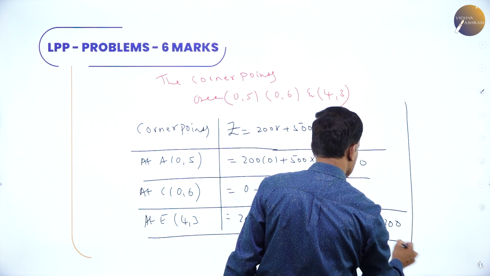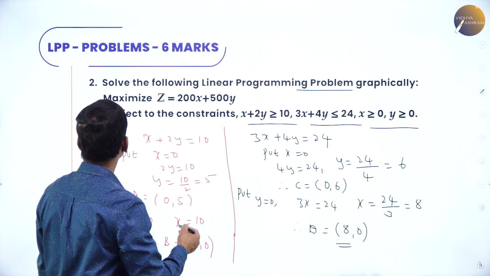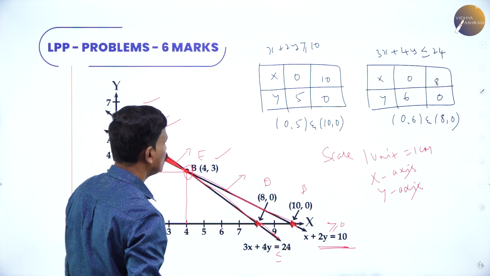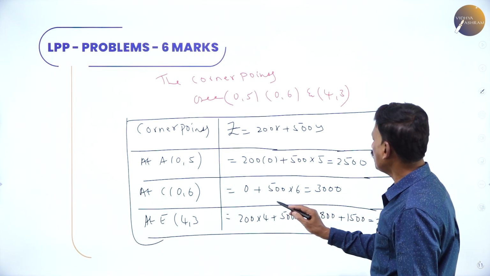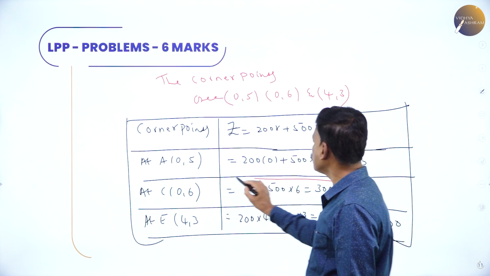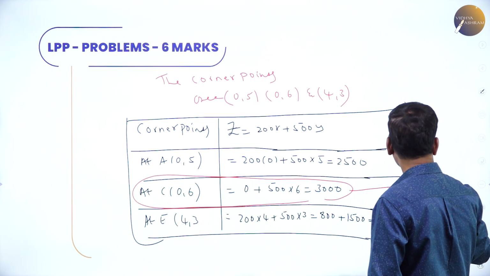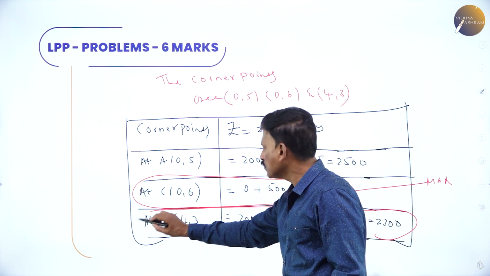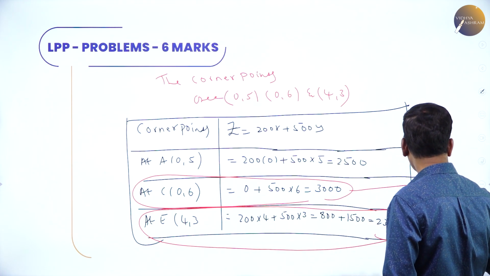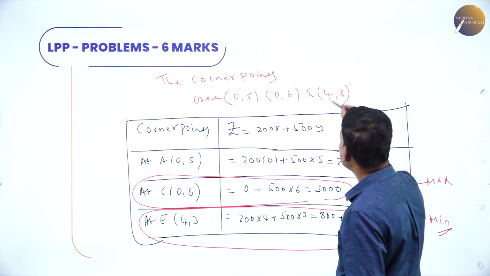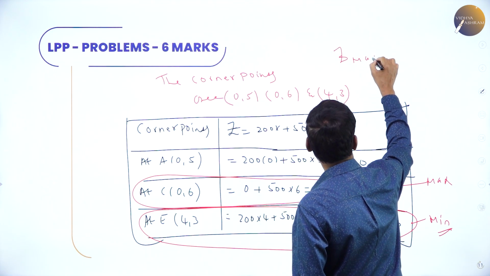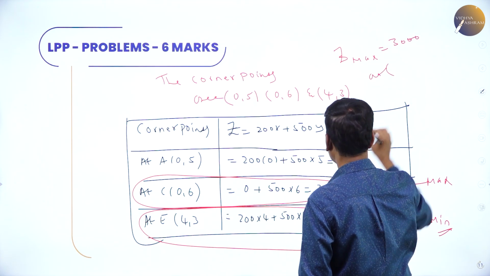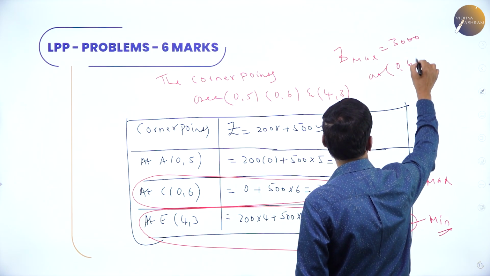Right. Now what is the objective function? The objective function is maximization. So what is the maximum value from the table? Here the maximum value is 3000. If it were minimum, 2300 is the minimum value. They asked to find the maximum, so Z maximum is equal to 3000 at 0, 6.